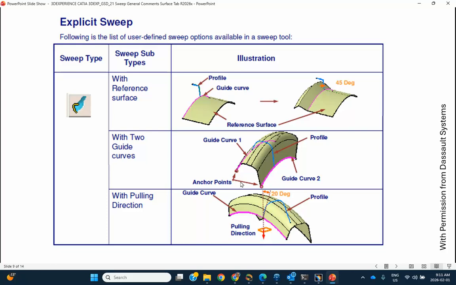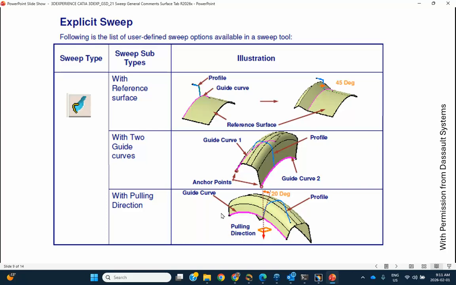Or you can say that you want to draw that profile so that when you draw it, it always goes through these two fixed points. Okay, so that prevents the rigid body rotation. And finally, a pulling direction is just like the one on the very top, except that it is not normal to a surface. It's just some fixed direction.